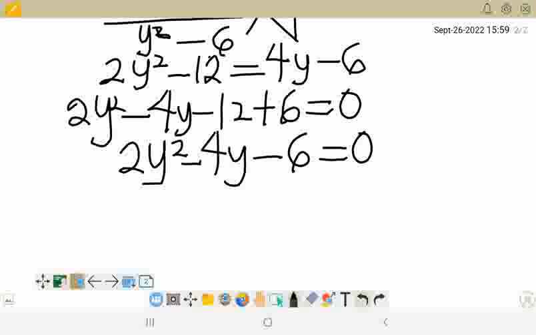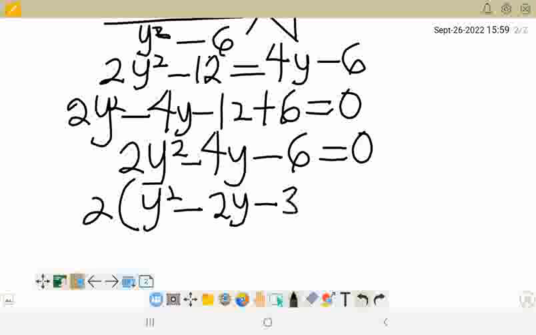This whole expression can be divided through by 2. Dividing through by 2, we have y squared, 2 in 4 is 2y, minus 3 equals 0. The other side, 2 equals 0, does not make sense, so we ignore that in our solution.